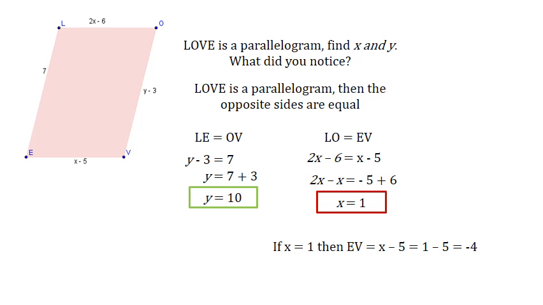The length of the side should be positive. So we say in this case it is impossible. There is no solution. There is some contradiction, some paradox. This is not a parallelogram. EV could not be a side of a parallelogram since its length is minus 4. The length of the side should always be positive.